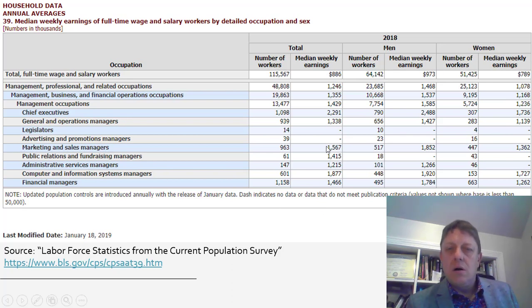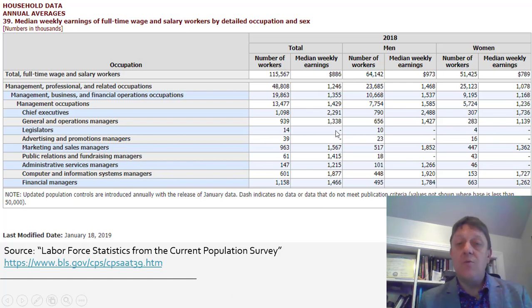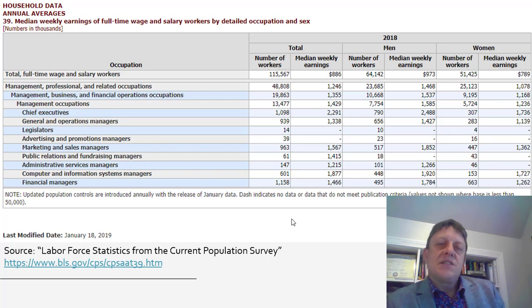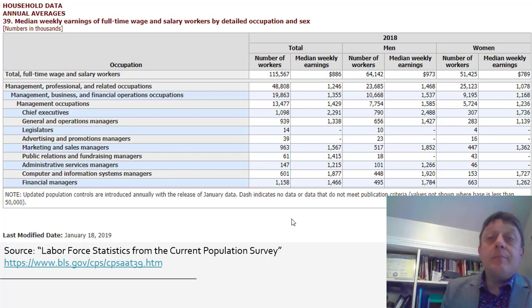Okay, so when there are fewer than 50,000 cases, as is the case here, you only have 14,000 for legislators, 39,000 for advertising and promotions managers, then you don't have median weekly earnings reported because it's not enough numbers for them to have statistical confidence. So that's why you're not going to be able to talk about the weekly median earnings of legislators and compare them, right, as an outcome between men and women.